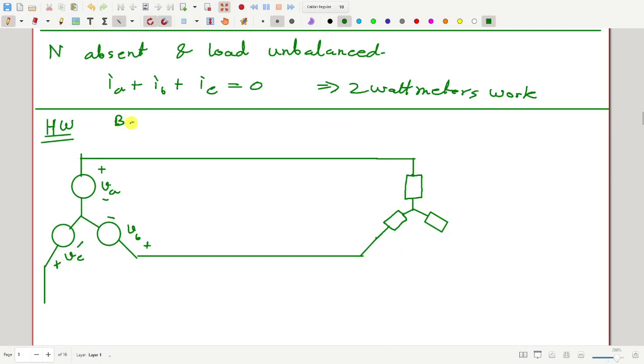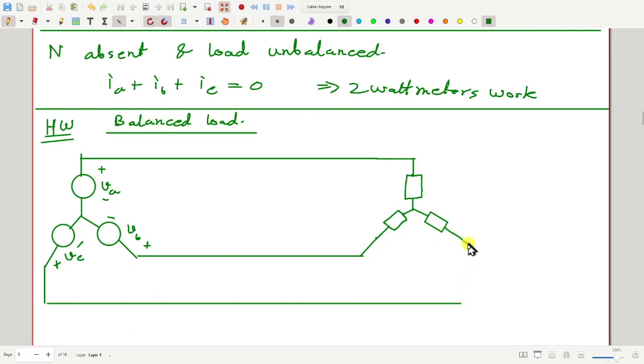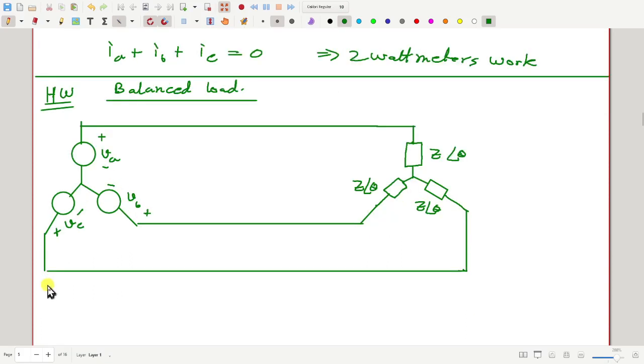So you consider a balanced load. So this is Z angle theta, this is also Z angle theta, this is also Z angle theta. Now I also tell you that VA is actually from here to here, and similarly VB and VC.